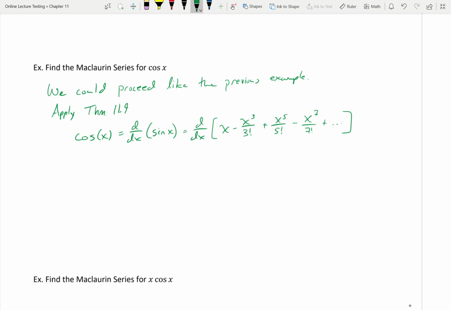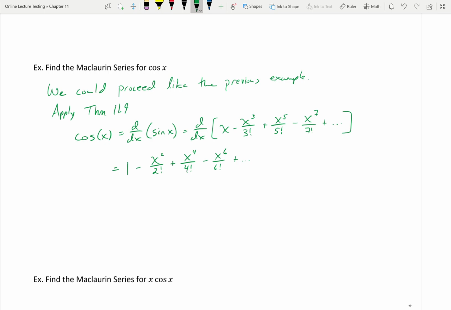When we take the derivative term by term, we're going to get 1 minus, well, if we take the derivative of x cubed, that's 3x squared, and the 3's will cancel, so I'm left with x squared over 2 factorial, plus x to the 4th over 4 factorial, minus x to the 6th over 6 factorial, and so forth.